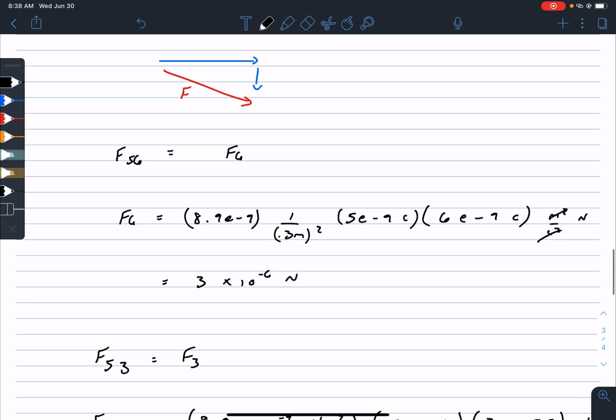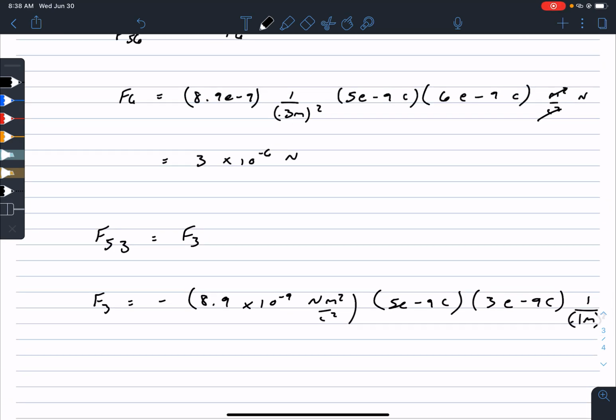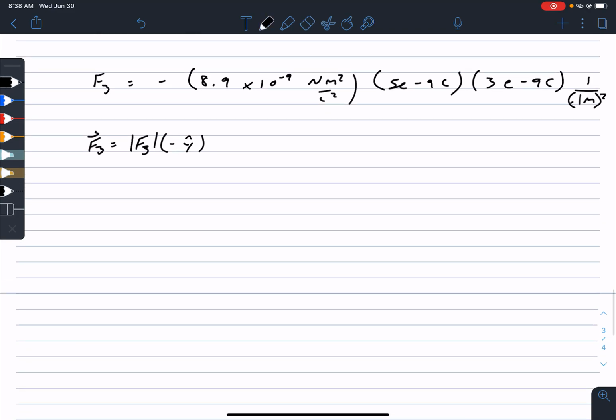We also should note that this force is going in the negative y-hat direction. Recall the other one was positive x-hat. Anyway, plugging these values in for F3, we end up getting 1.35 times 10 to the negative 5 newtons.